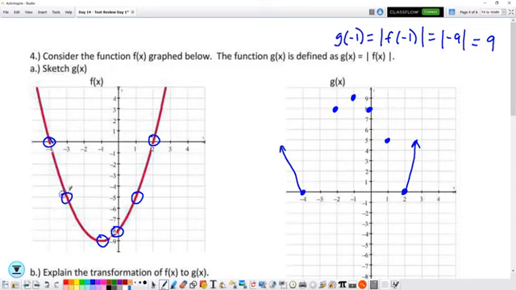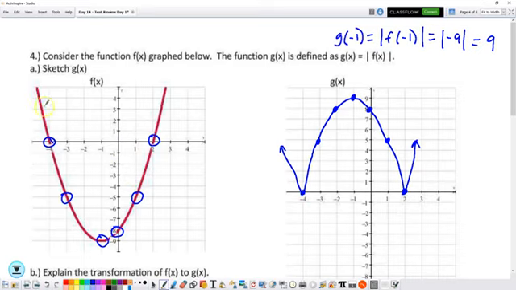And then I've got -3, -5 becomes -3, +5. And there we go. It says explain the transformation of f of x to g of x.